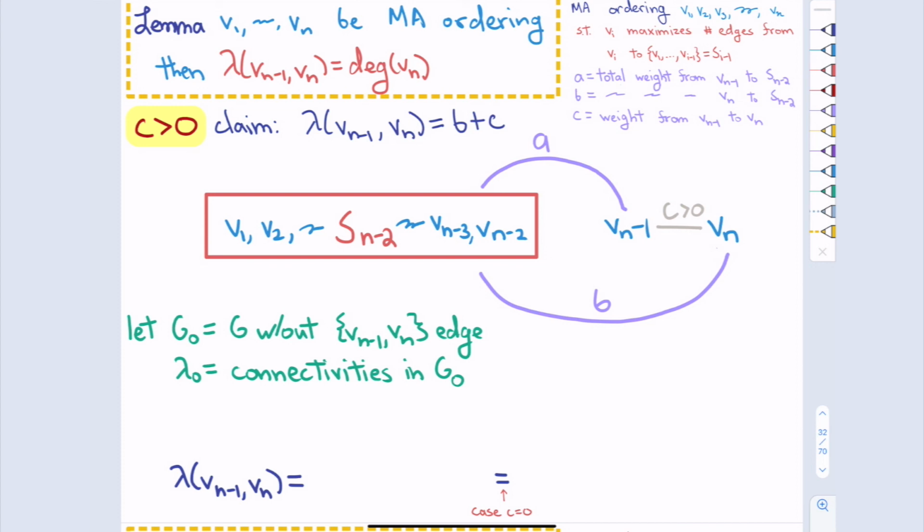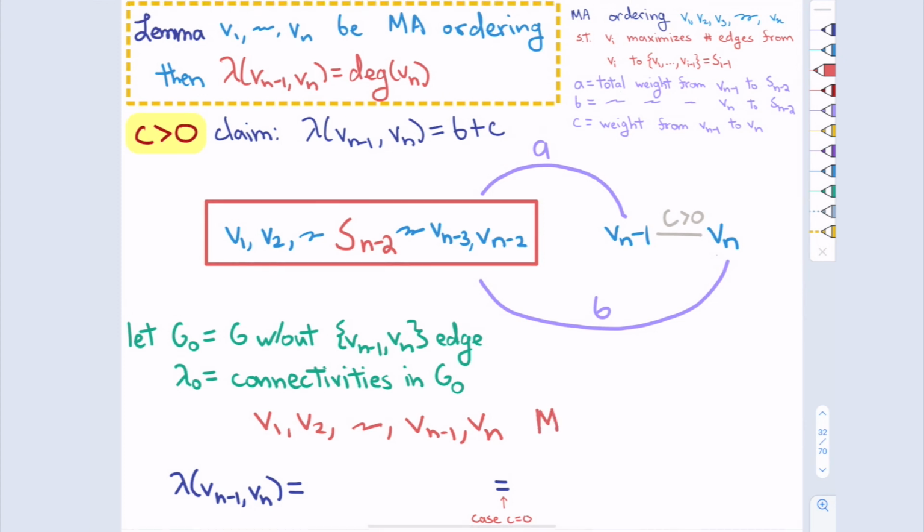We know how to handle c equals 0. And the key point is that deleting that last edge doesn't hurt this ordering. Vn minus 1 would still come before Vn. The ordering would still stay the exact same. You'd have the same maximum adjacency ordering in G0.